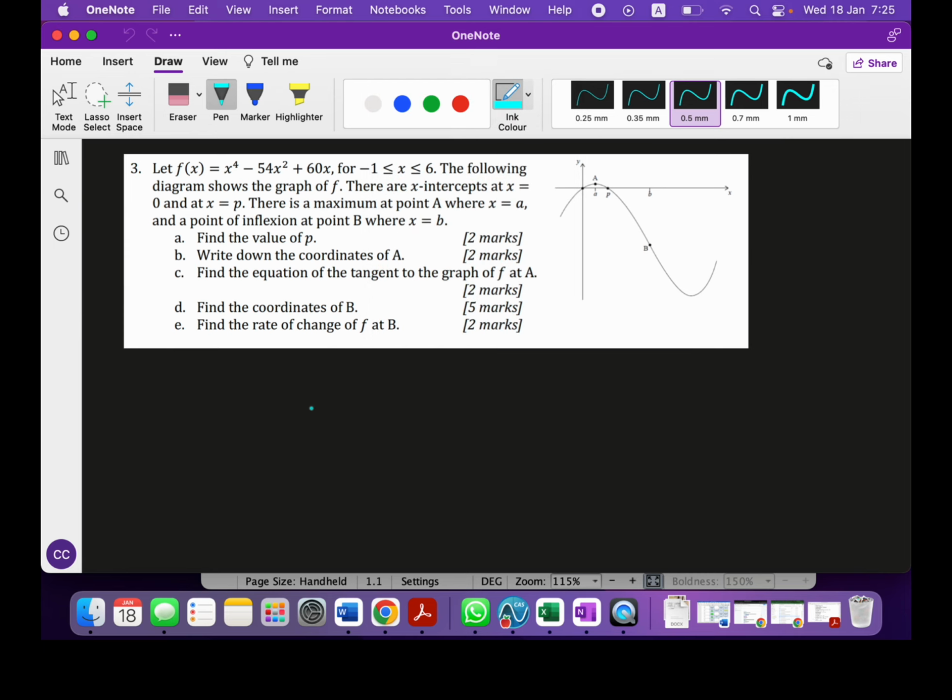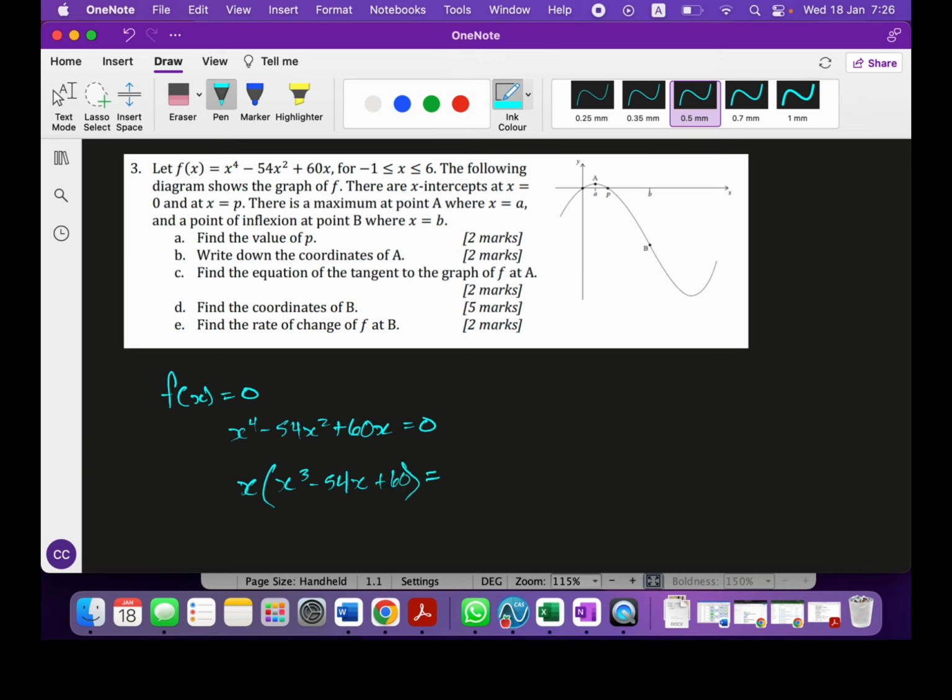So the value of point P is going to be when the original function is equal to 0. If I wanted to go through the work, I totally could: x to the fourth minus 54x squared plus 60x is 0. I can divide an x out and I get x times (x cubed minus 54x plus 60).